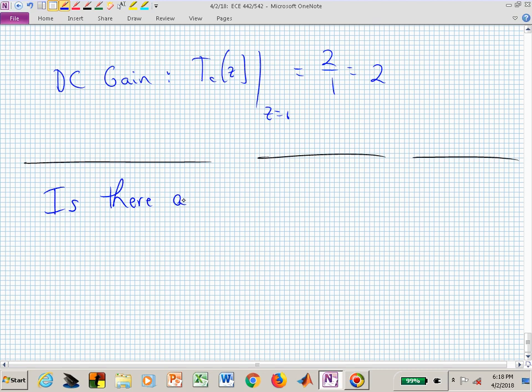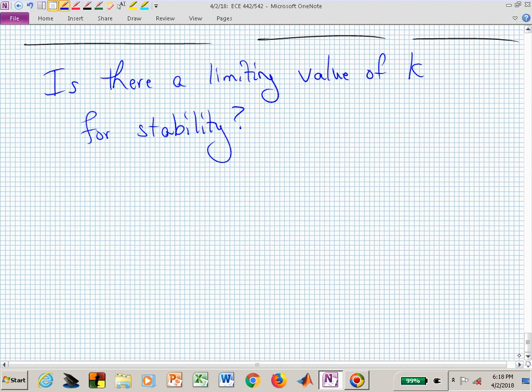I've already given you the answer, so let's write that down. Hopefully, if what I was saying before didn't make sense, now maybe it will. Here's our z-plane.